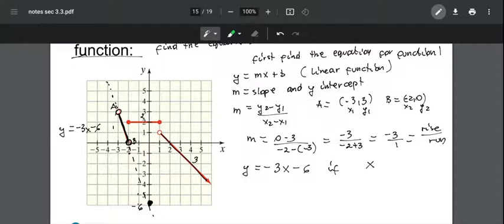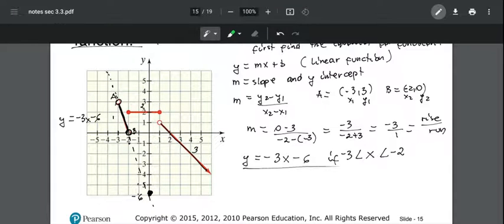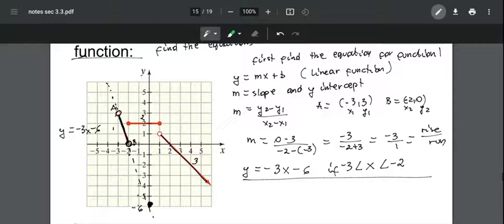So we're talking about working only for x's between -3 and -2. Okay, so we have to restrict that domain. Okay, next, so that was the equation of function 1.